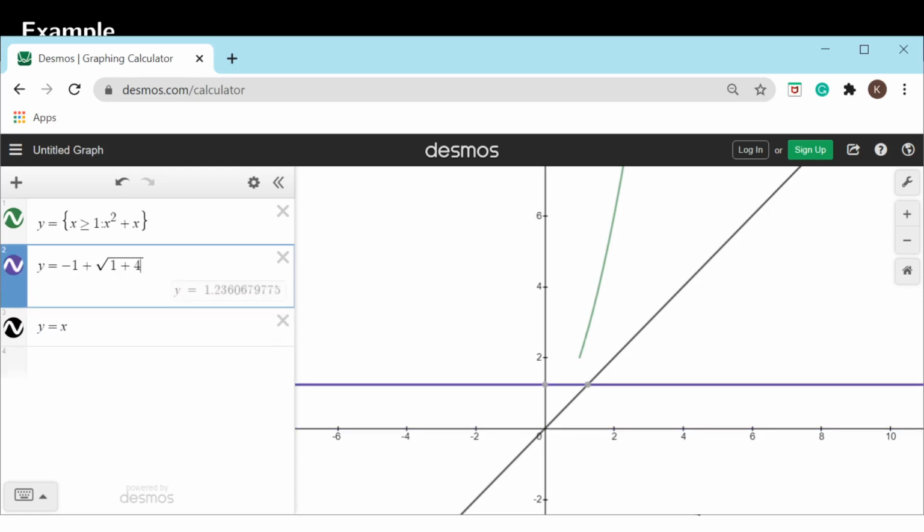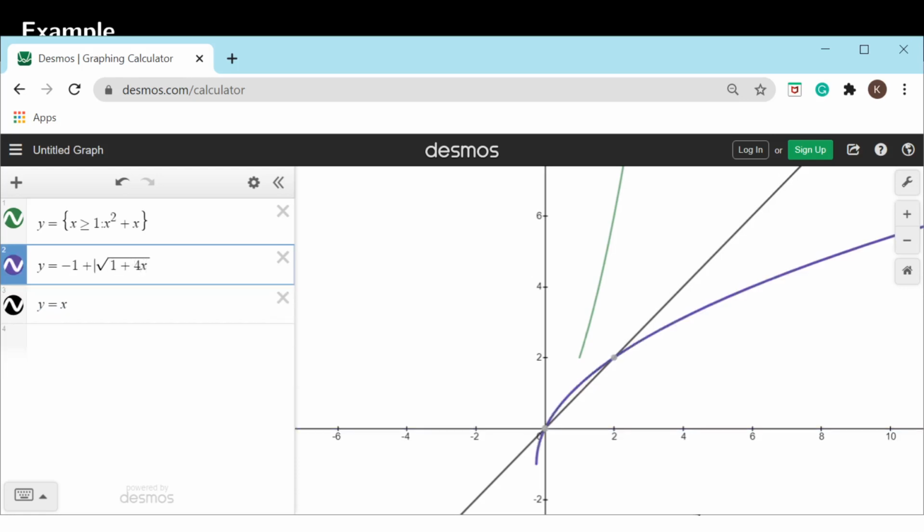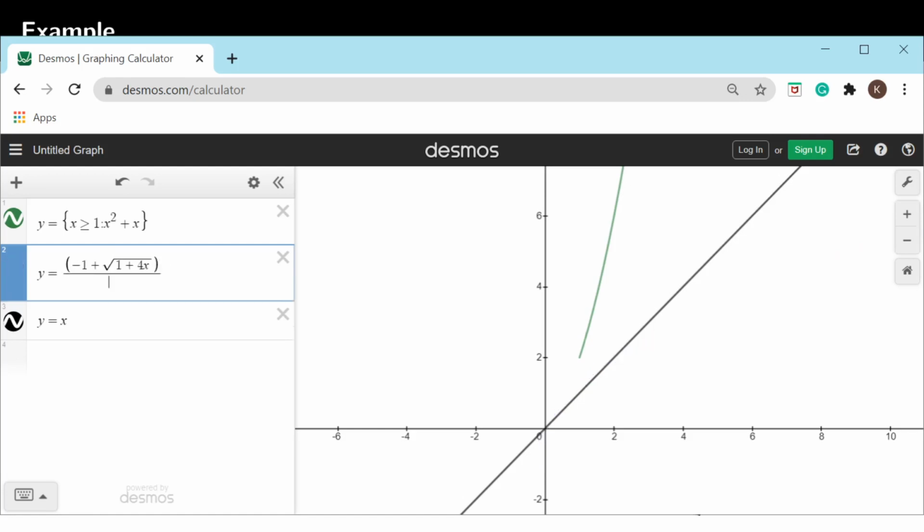Then, I want to divide everything by 2. So, ipapasok ko sa parenthesis and then divided by 2. Ayan. So, obviously, sobra yung portion na nakuha natin. So, kailangan nating maglagay ng restriction. So, paano maglagay ng restriction? Enclose the expression inside parenthesis.